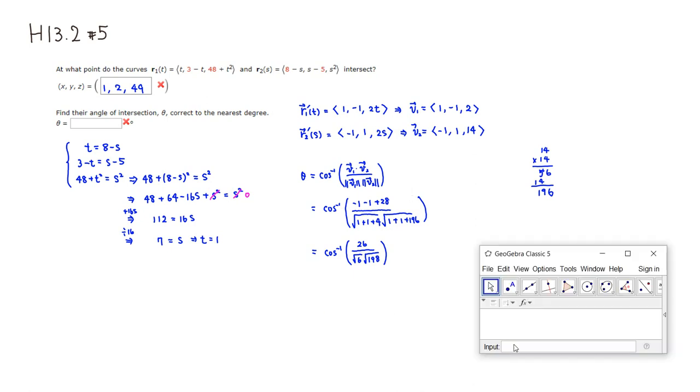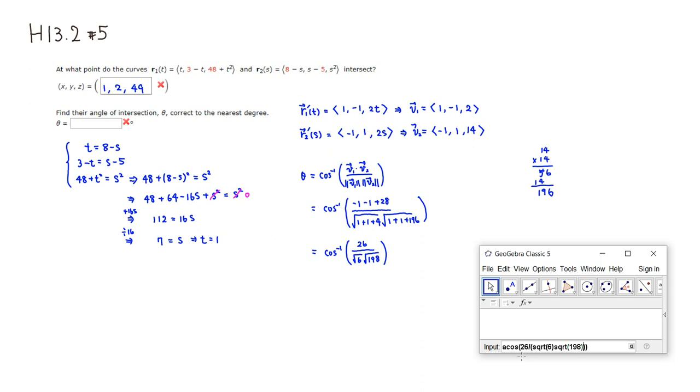Here I'm going to pull out GeoGebra. So here's the GeoGebra. I'm going to type in arc cosine of 26 divided by the square root of 6 times the square root of 198.